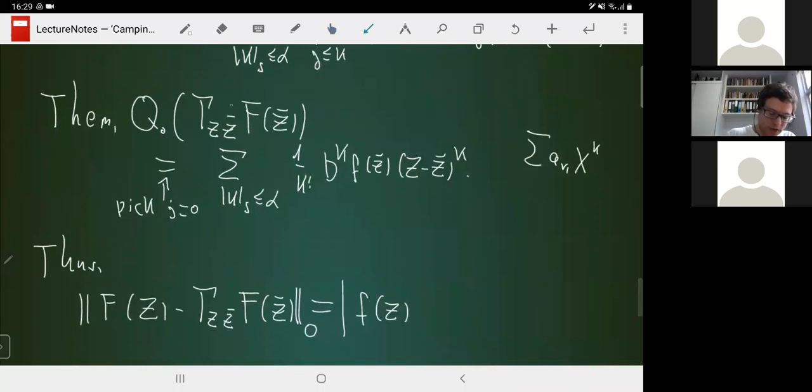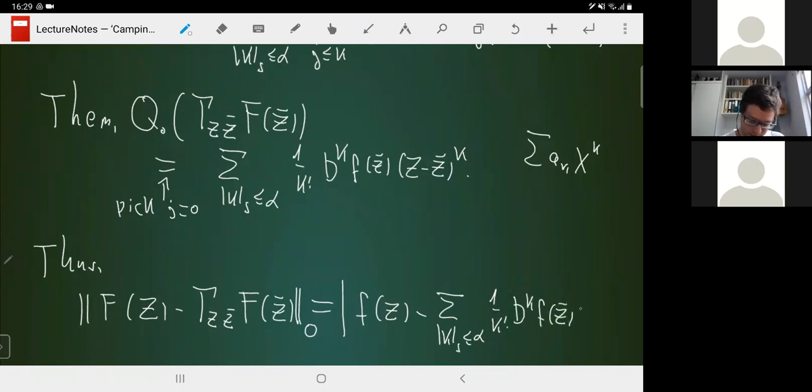The coefficient of x to 0 we calculated here is this whole sum: the sum over ks less or equal than alpha of 1 over k factorial, d^k f of z bar times z minus z bar to the k.